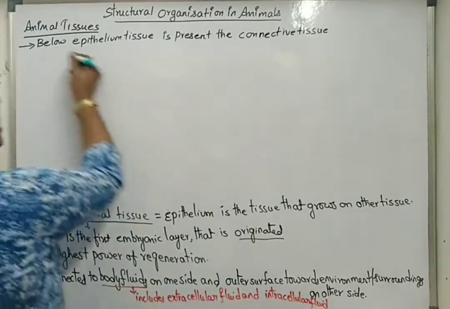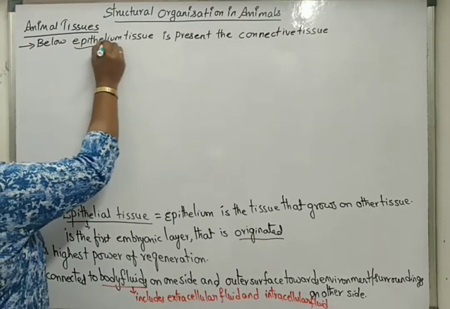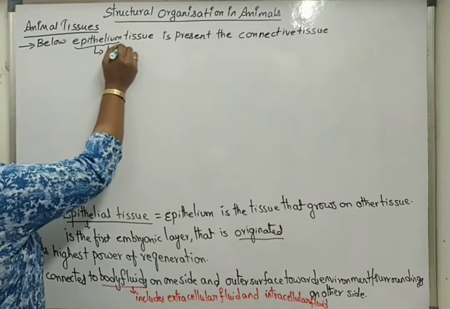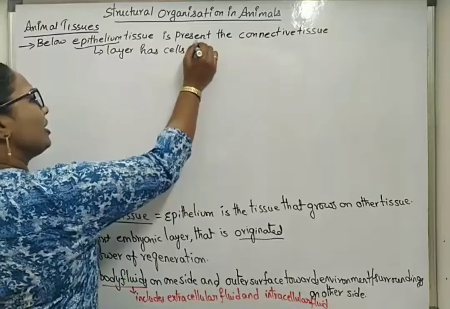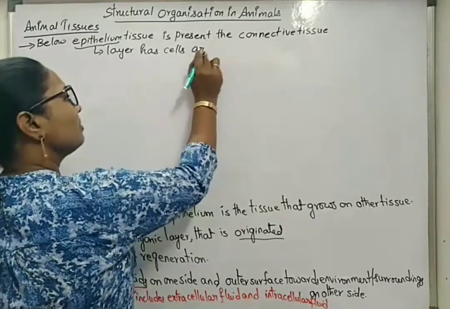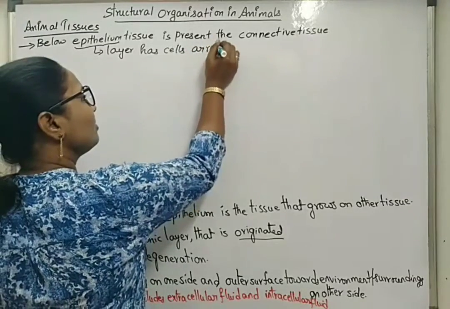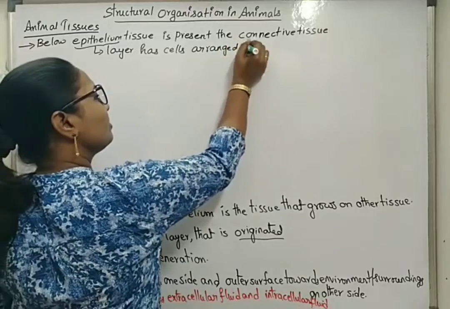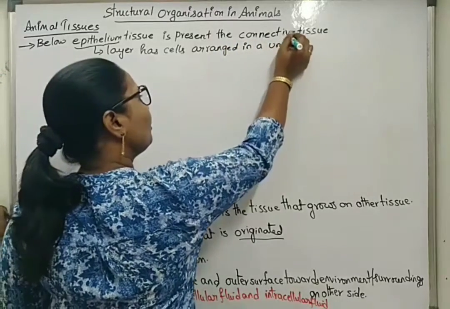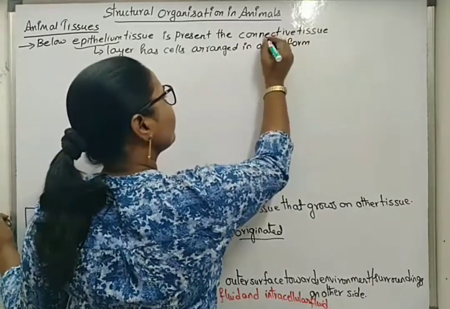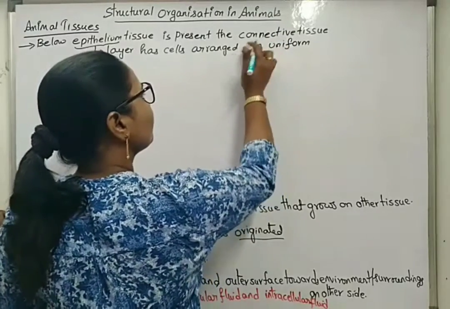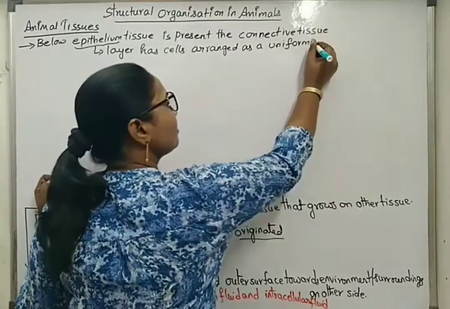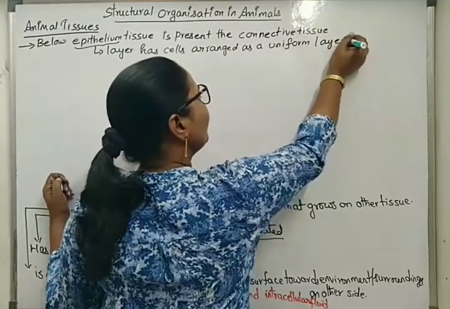The epithelium layer has cells arranged as a uniform layer.